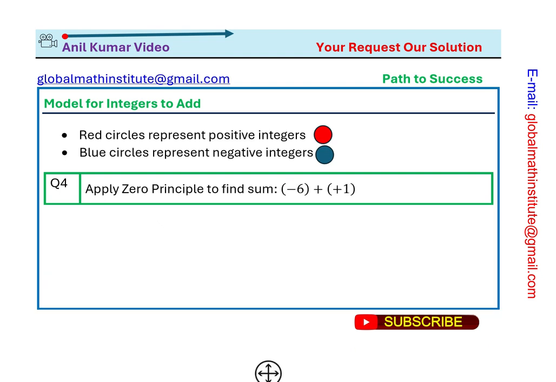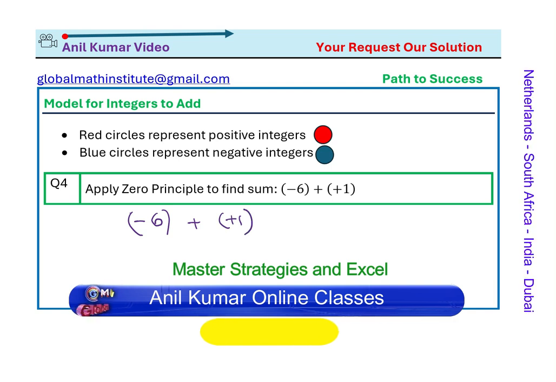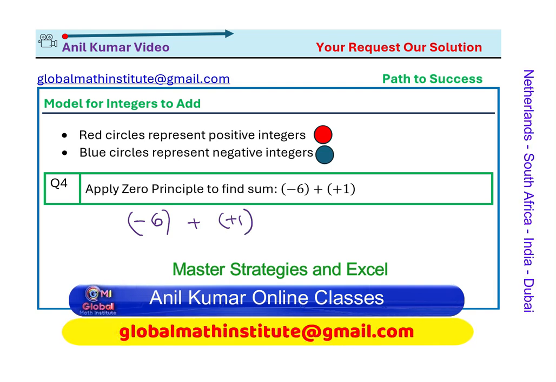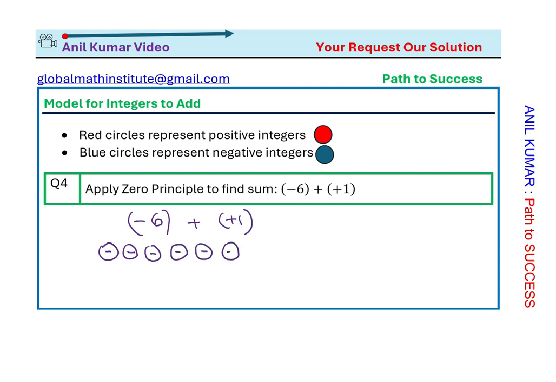Let's move on and take up the next question, which is to apply the zero principle to find the sum of minus 6 plus 1. Once again, we'll make use of the counters. We have minus 6, the integer, and we have another integer, plus 1. We have to add them. Minus 6 literally means we'll have 6 negative counters: 1, 2, 3, 4, 5, 6.